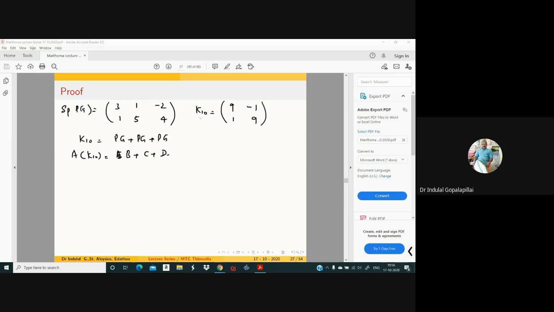Now we know that this K10 is regular. And by the Perron-Frobenius theorem, we know that the all-ones vector 1 is an eigenvector corresponding to 9 for K10. And all other 9 vectors in the basis of R10 are orthogonal to this one.